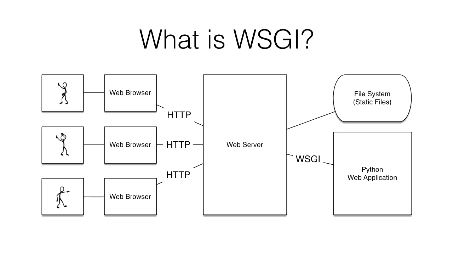Now, when that request comes in, it could be a request for a static resource, a static file, your style sheets, images, and so on. Or it could be a request that you want to handle in your web application, the thing that is going to dynamically generate a response for you. And you're going to implement that in Python. So Whiskey is the bridge between the HTTP request coming in and your Python web application. It's the thing that sits in there in the middle.